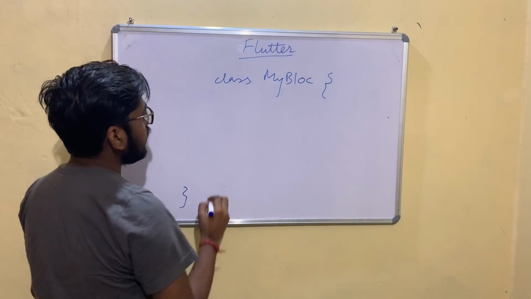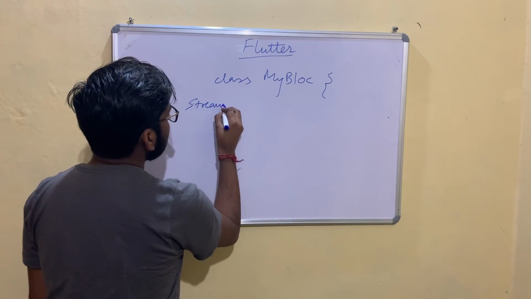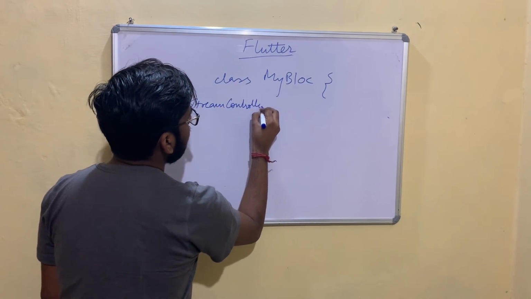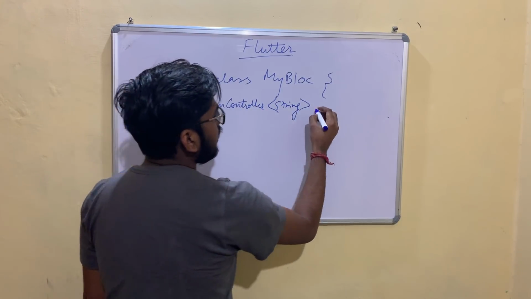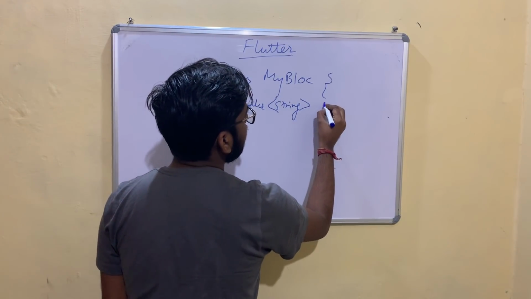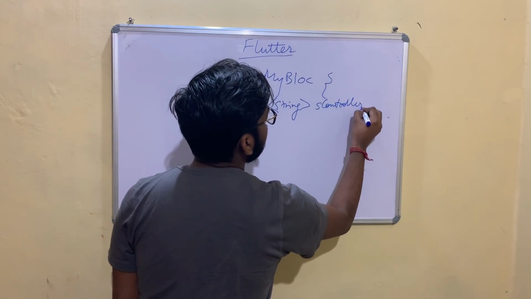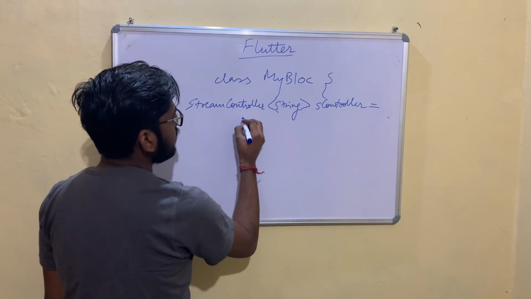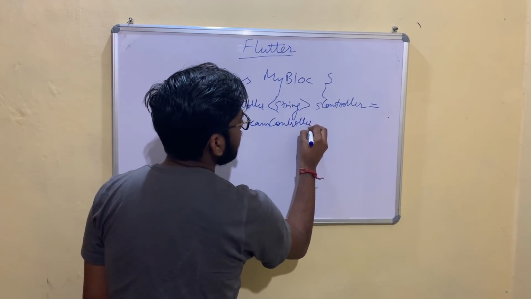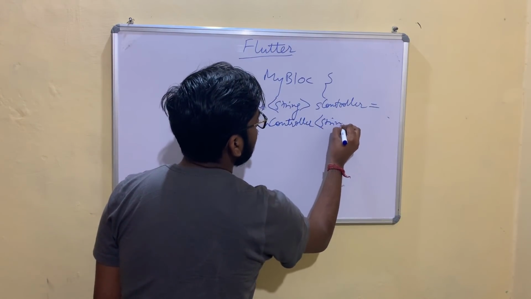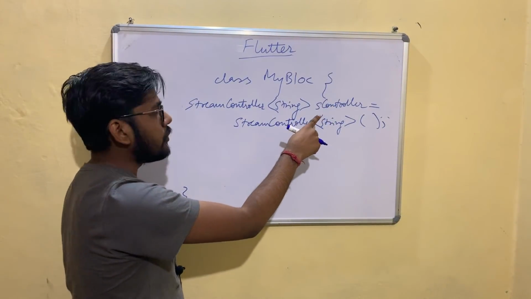Then we can have something called a StreamController, which will take the input in the form of a string, and let's name it sController. We declare it like this, StreamController. I have skipped the new keyword because it is now optional. Now this is my controller which I will use to control the streams.